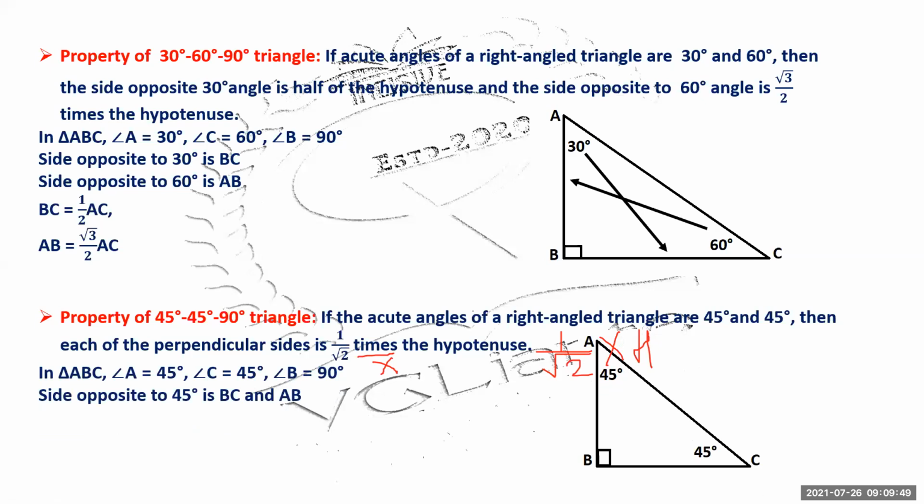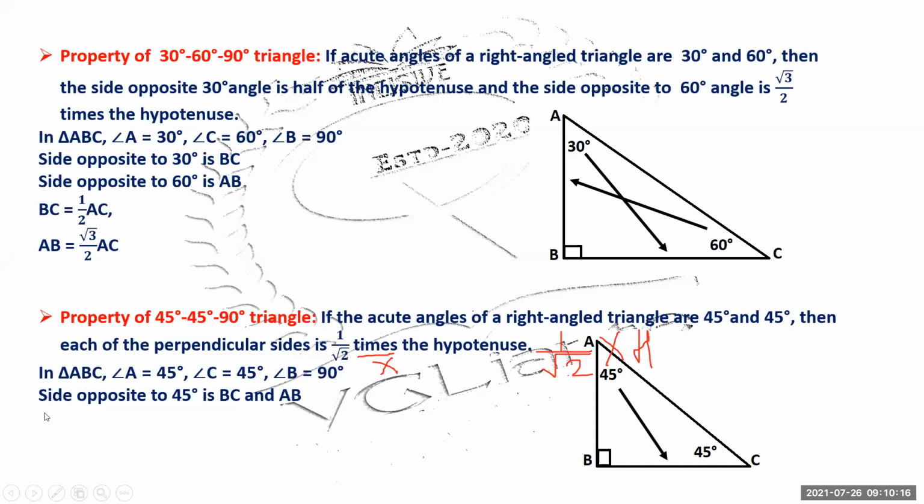So side opposite to 45 degrees is here. Now check. It is an isosceles right angled triangle. See, this 45, 45, 90 is a special kind of right angle triangle, and the name is isosceles right angled triangle. So in this you're going to get two sides equal.